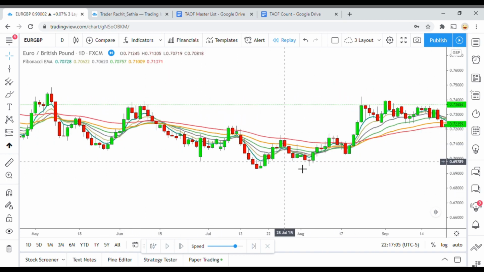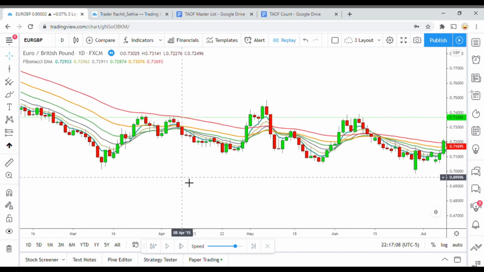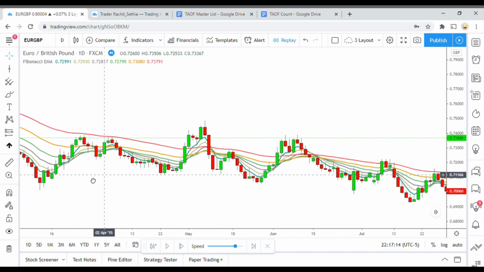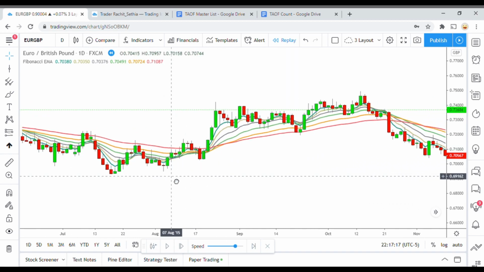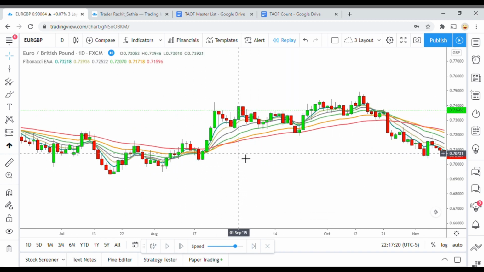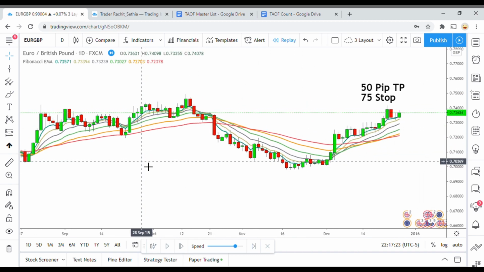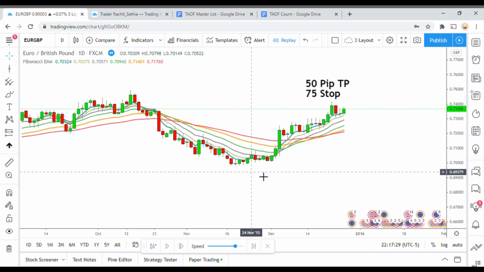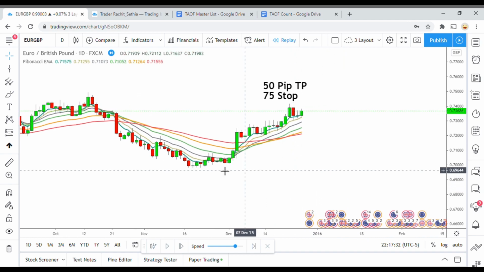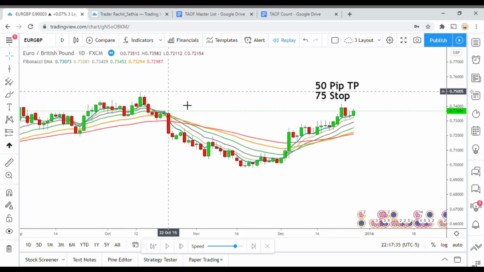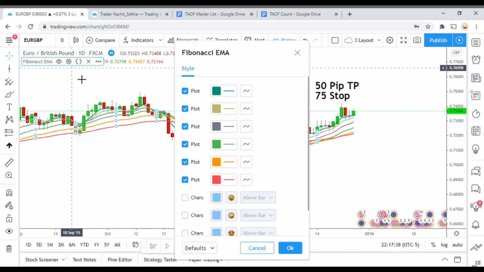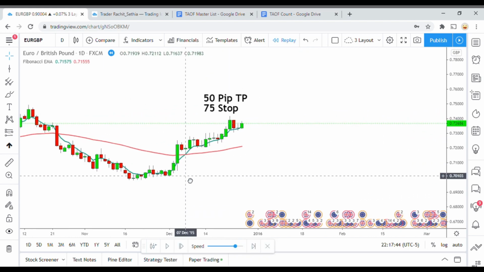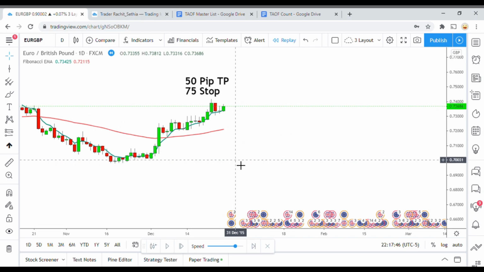Just going back and looking, you're missing out on a lot of the move by the time it finally crosses. It puts you so far out, it just doesn't seem to make sense. You could use one of the middle moving averages, but it really seems to make the most sense doing the fastest, which would be this dark green versus the red setup, and testing it that way.